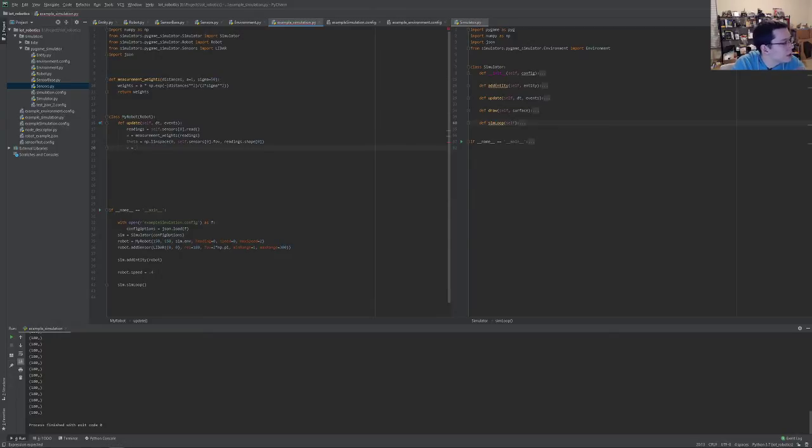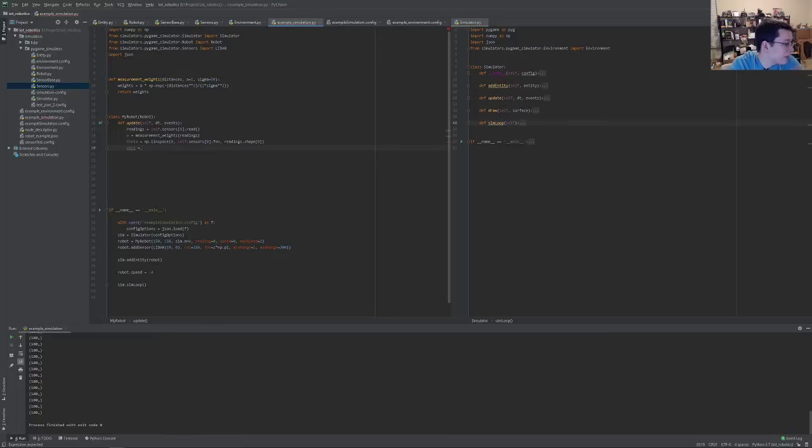V equals, and this is actually V prime, but I'm just going to call it V because it's easier than typing V prime every time. So V is going to be equal to np.sum of, wait, vex.